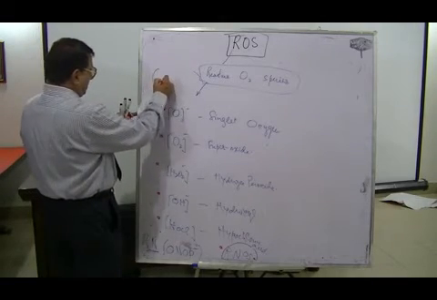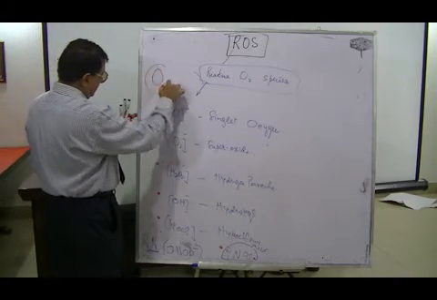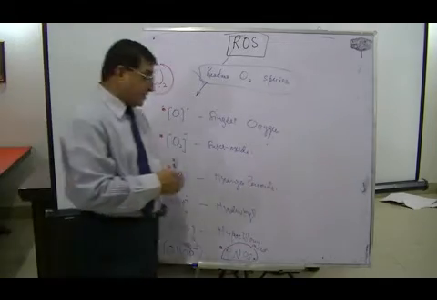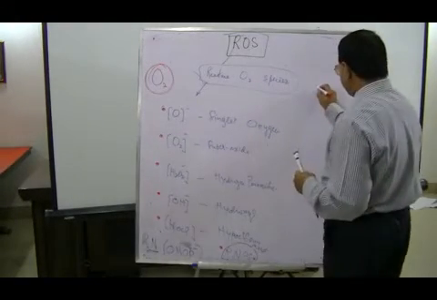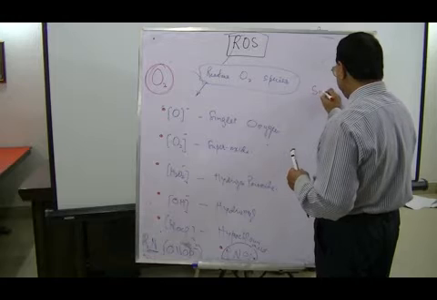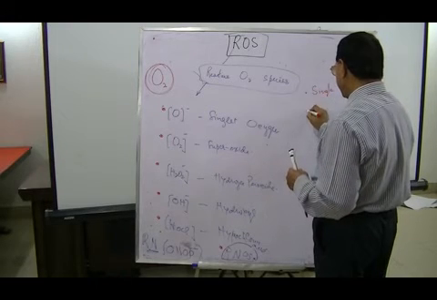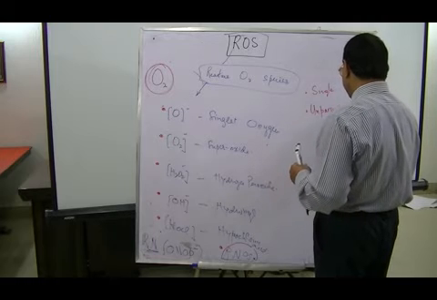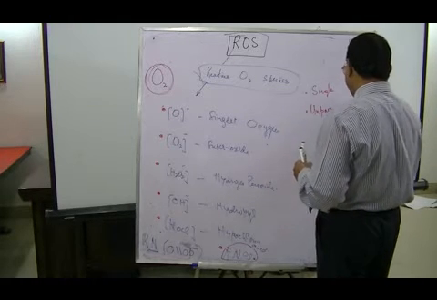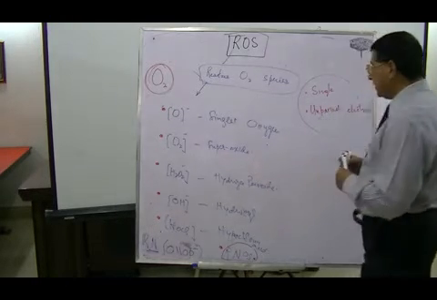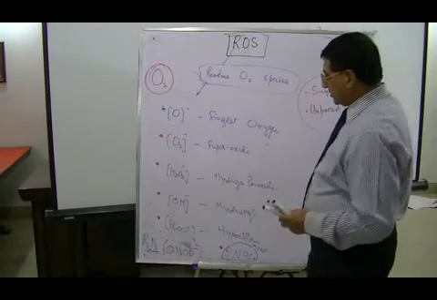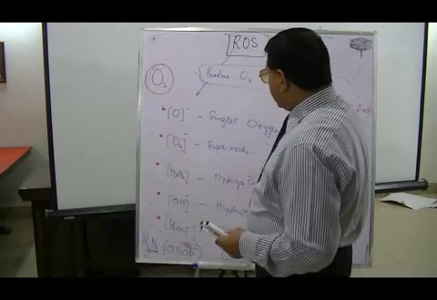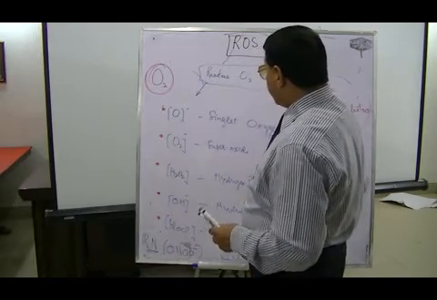They are all derived from oxygen. So these are called reactive oxygen species. What is the speciality? That in their outer shell there is a single unpaired electron. Now these are reactive oxygen species.